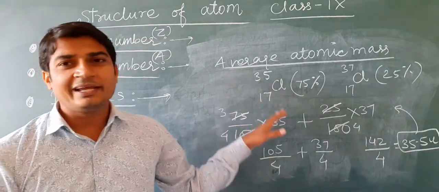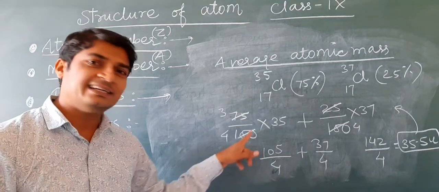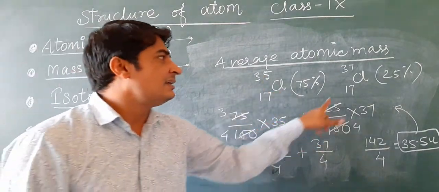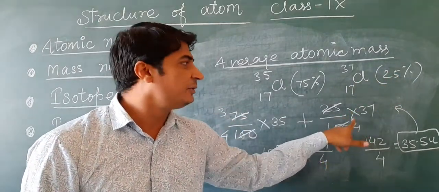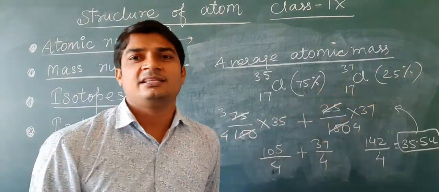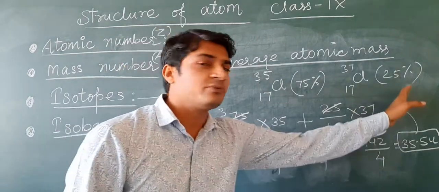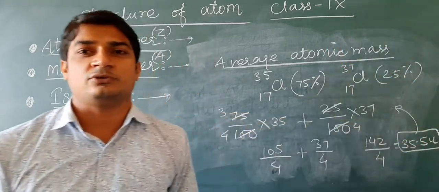And how do we calculate? I told you earlier, percentage of the isotope divided by 100 into the mass of the particular isotope, plus the percentage of another isotope divided by 100 into the mass of this isotope. If there are 3 isotopes, then percentage of the third one divided by 100 into the mass of the third isotope.